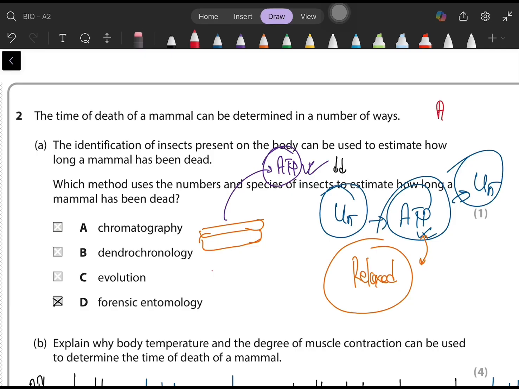As I said, when a person dies, metabolic reactions will stop and they won't be producing this ATP, so their ATP levels would start to fall. With some simple calculations, we could identify when this ATP level was full, and hence we can find an estimation of the time of death. Clear?